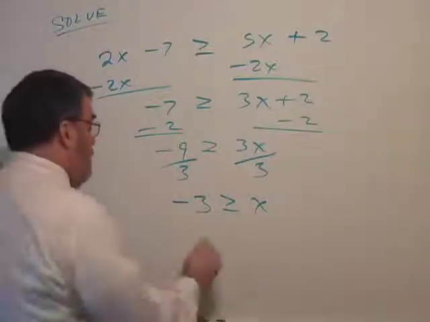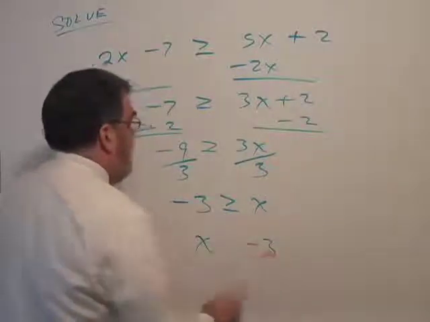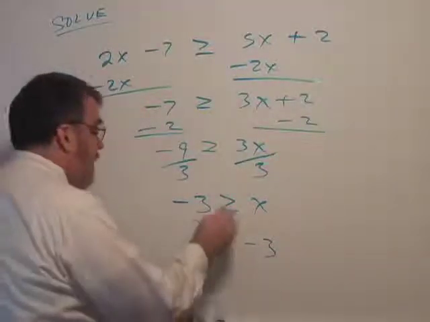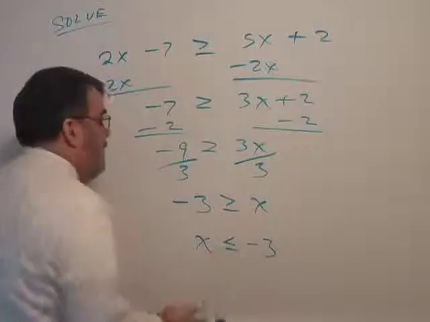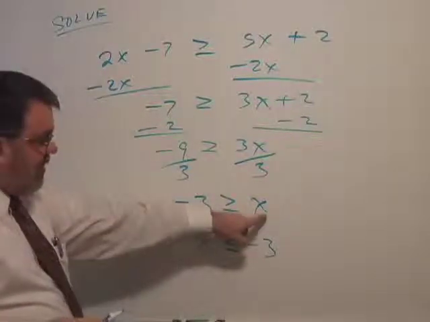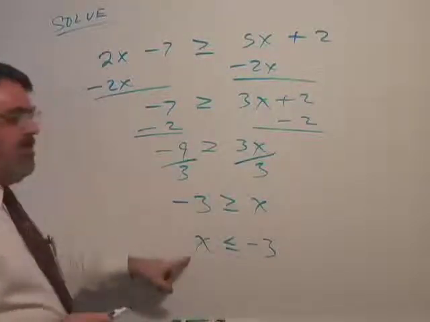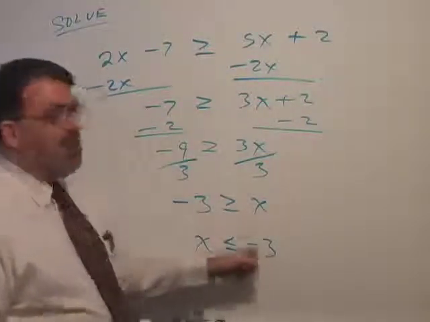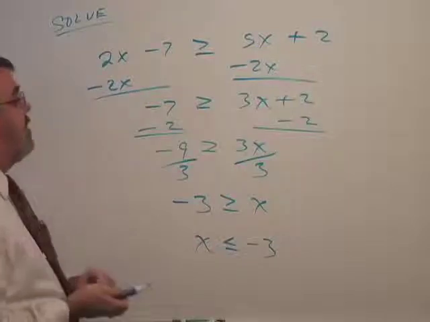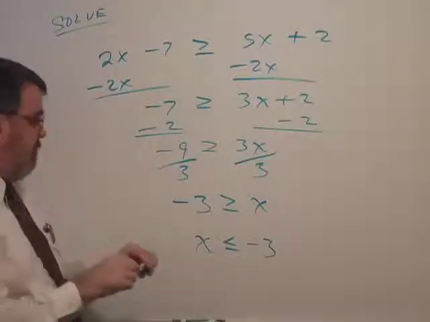If I do that here, switch sides, I have to switch the inequality symbol, because this reads x is less than or equal to negative 3 if you read right to left. So going left to right, I want x less than or equal to negative 3, which was the answer we had earlier, wasn't it?